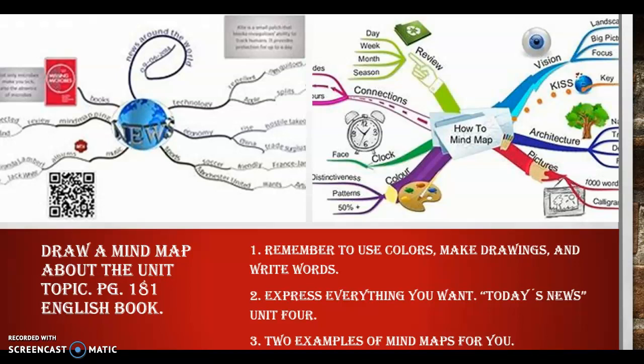Express everything you want about unit 4. The topic is today's news. I put two examples for you, so you can use those mind maps and then draw it in your English book. You need to make drawings and write words.